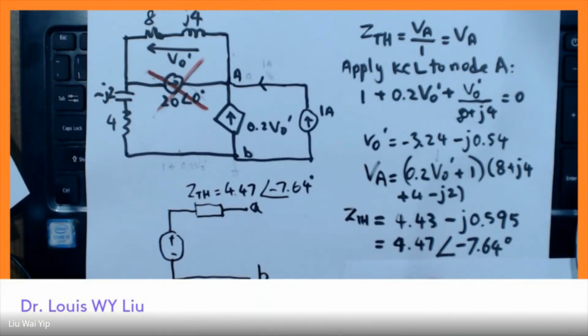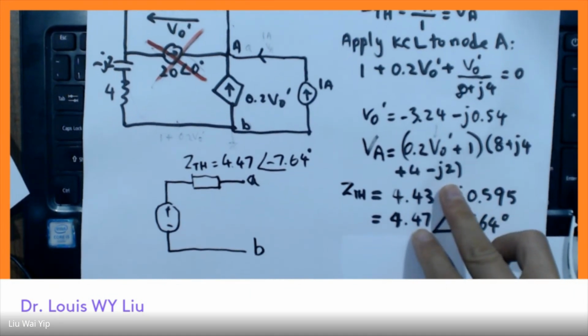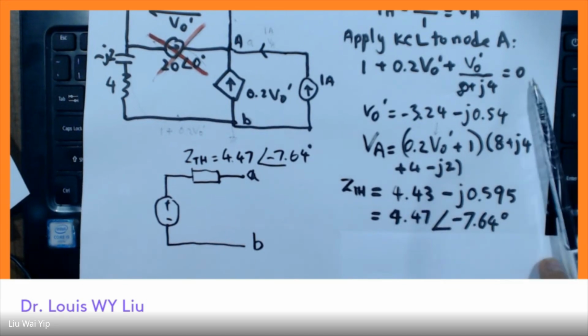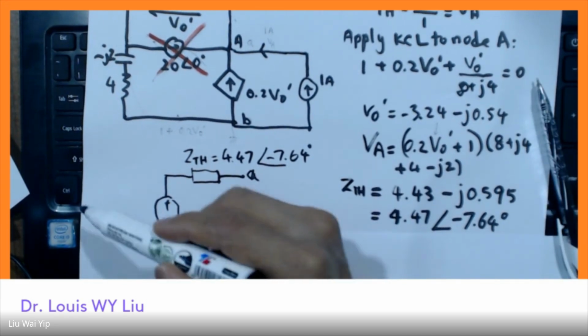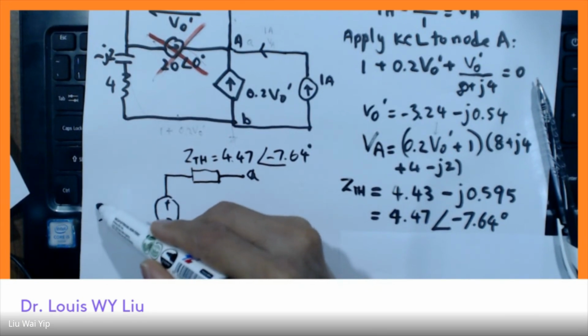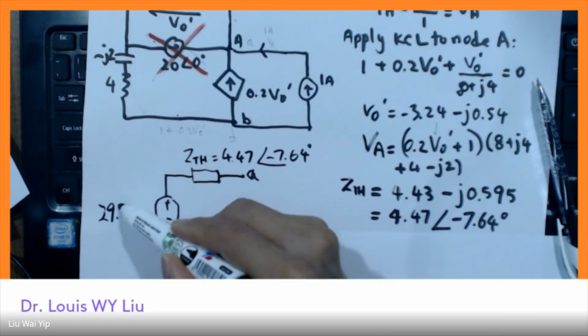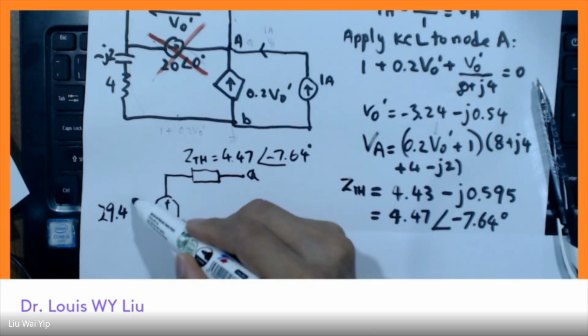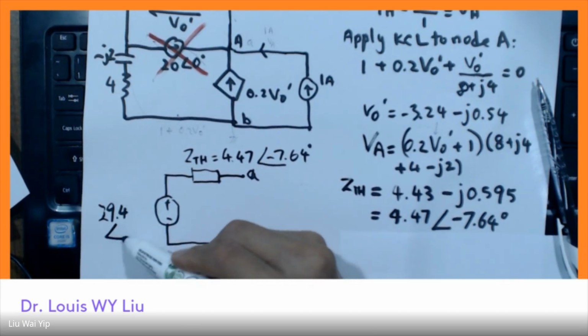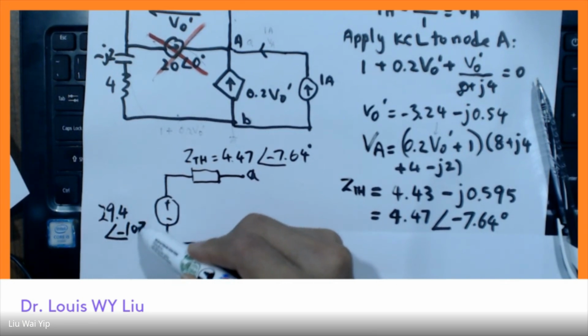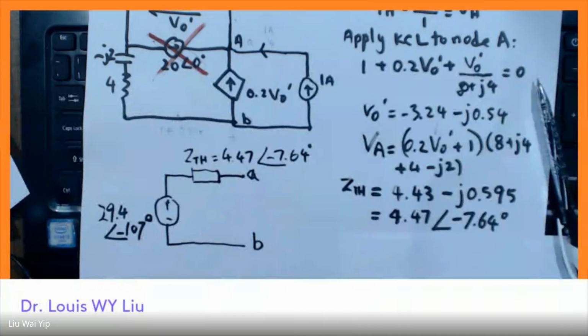So this is the final circuit. 29.4. So this is VTH.